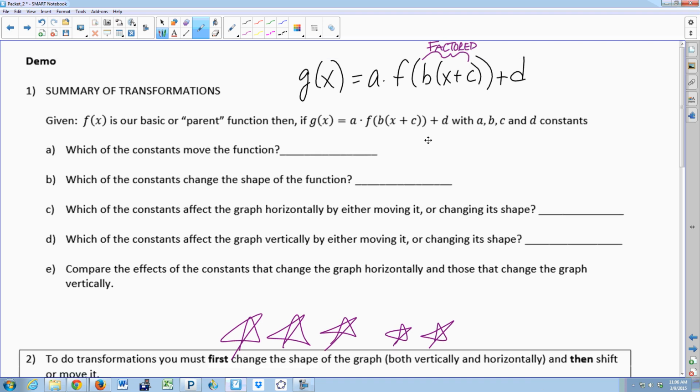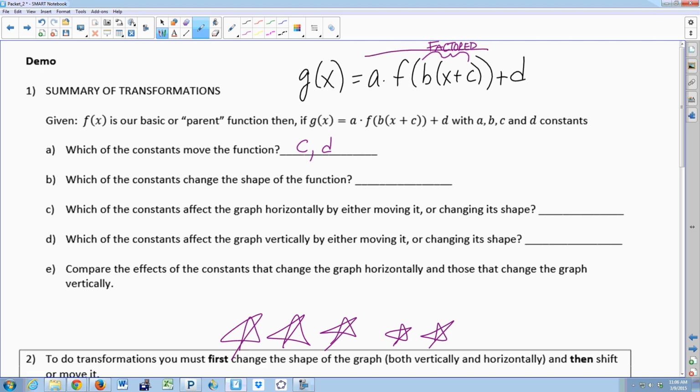Okay, so let's look at these letters and see which they do. Which one of these constants is going to move this function? C and D. Do we have agreement with that? Okay, D, notice, if I made this expression into two terms, remember terms are where you have adding and subtracting.